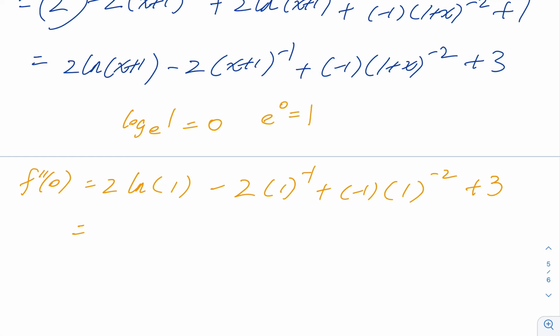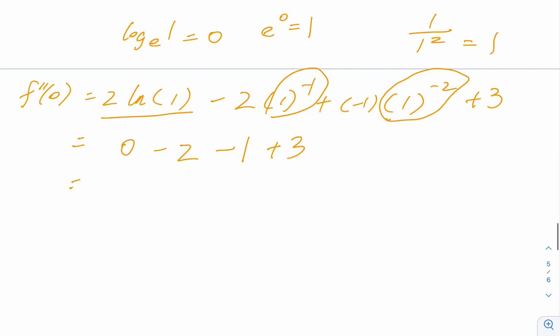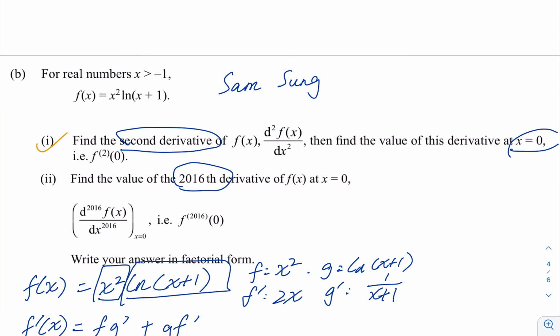That's the log rules. If you don't know about this, you should go and take some revision. Okay, this is 0. This will be minus 2 over 1, because 1 to the power of minus 1 is 1 over 1, minus 2, plus, oh sorry, minus, because 1 to the power of minus 2 is 1 over 1 squared equals 1, times minus 1 is also minus 1, plus 3. So this is going to equal 0. And now we have done this question.